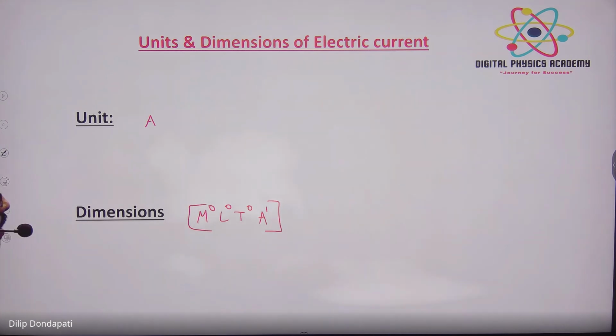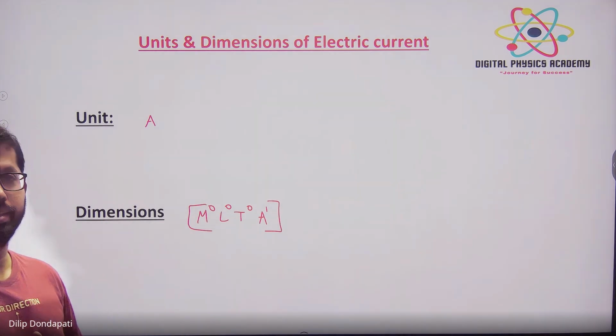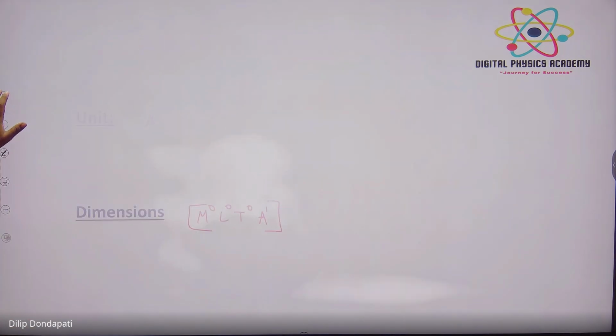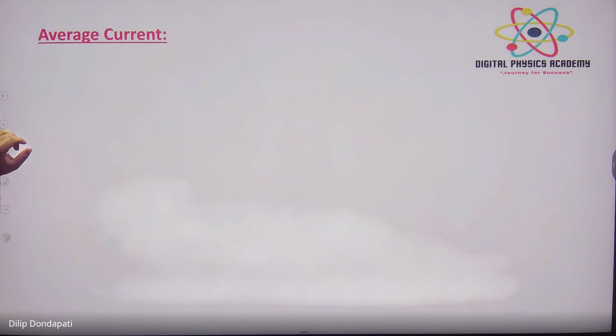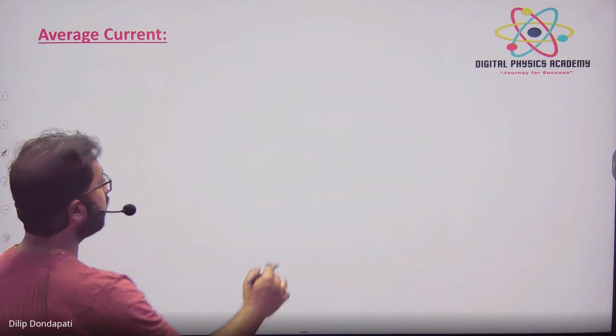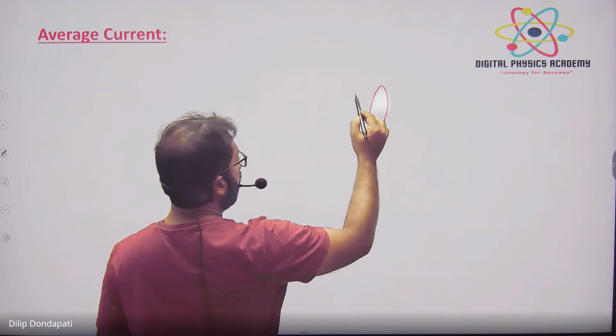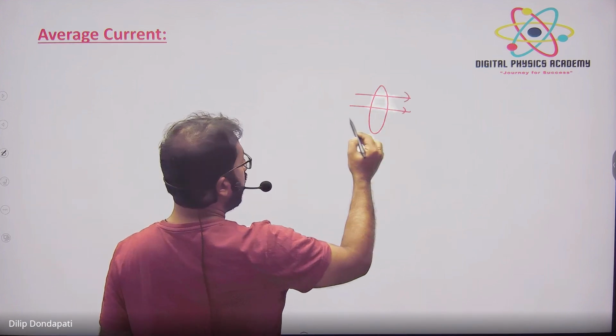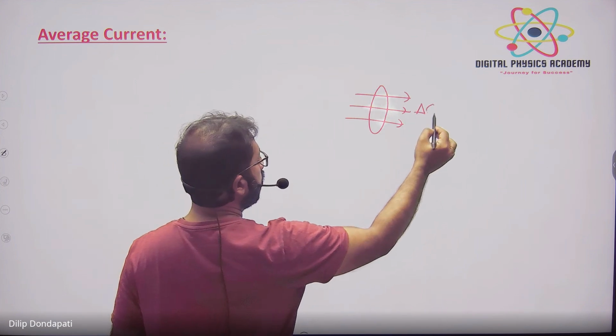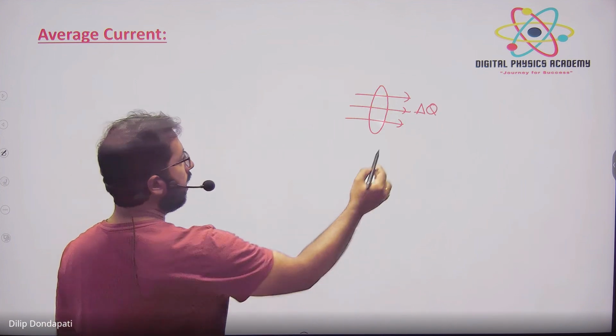Now here we have two types of currents. One is average current, the other is instantaneous current. Average current means suppose this is a cross section area, in which delta Q charge flows in delta T time.